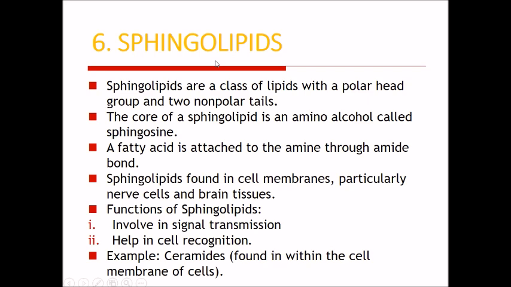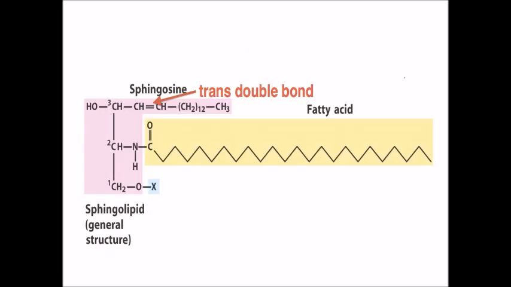Sphingolipids are also one class of lipids that have a polar head group and two non-polar tails, quite similar to the phospholipids. However, the core of the sphingolipids is an amino alcohol known as sphingosine.